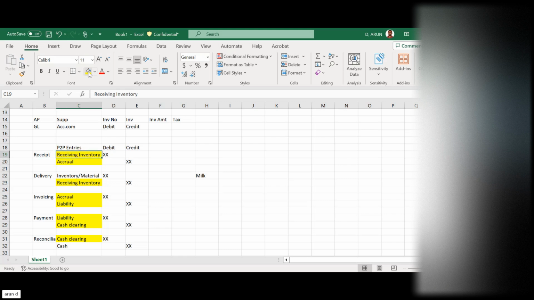For instance, I am creating this receipt transaction, so receiving inventory will be opened up. And when I create the delivery, this will be knocked off. Similarly, this accrual will be opened, and when I create the invoice, this will be knocked off. Similarly, the liability account and the cash clearing account. These are the temporary accounts that you will have.